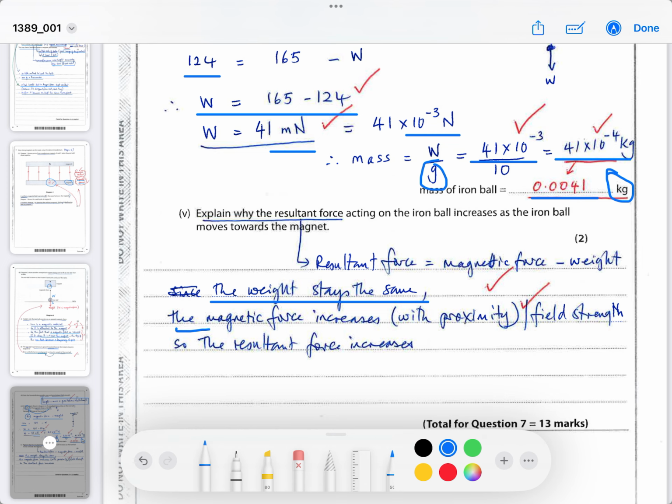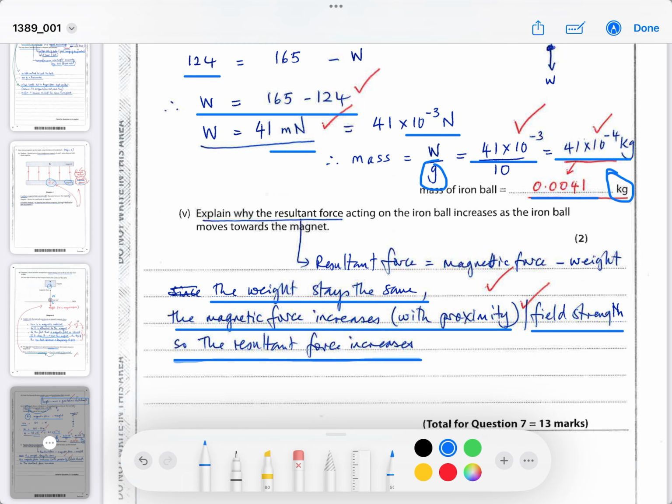So the only thing that can change is the magnetic force, which increases with proximity, or the field strength increases with proximity, so the resultant force increases.